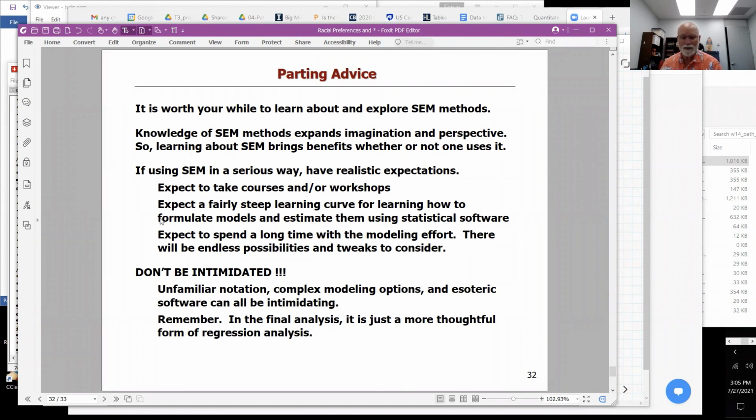And then the last item here, don't be intimidated. You could look at all this and say, I think I'm going to go sell ice cream. I'm going to run a food truck. It can all be mastered if you need to. You may not need to master it to gain benefits from it.